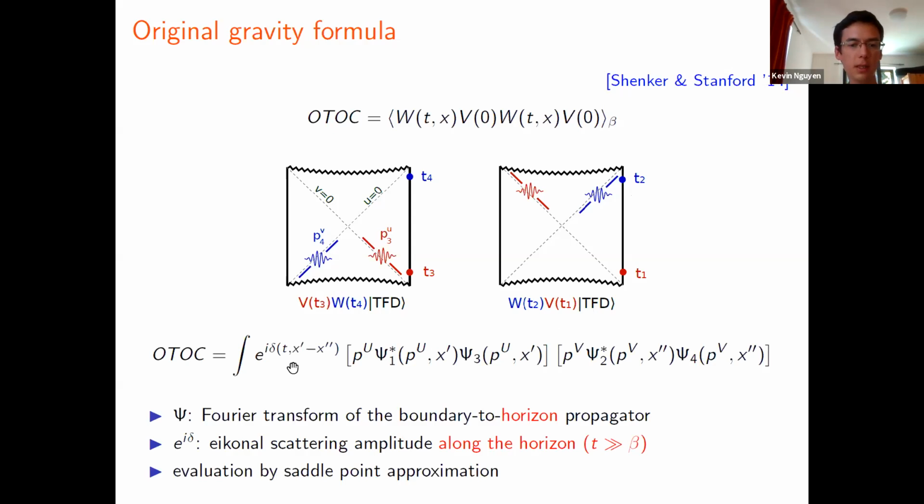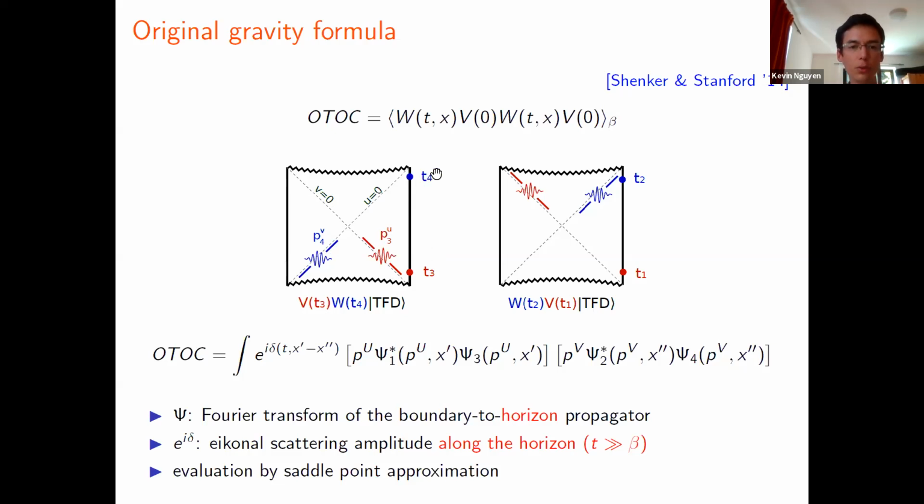Okay, so applying this reasoning, they arrive at this expression for the OTOC. So let me describe what goes in there. There are 4 psis, and these psis are basically the boundary to horizon propagators, because you want to represent, well, this state as an in state, for example. So you want to propagate, let's say, W of t4 backward in time onto the past horizon. But then you also have to take the Fourier transform along the u coordinate of the horizon.